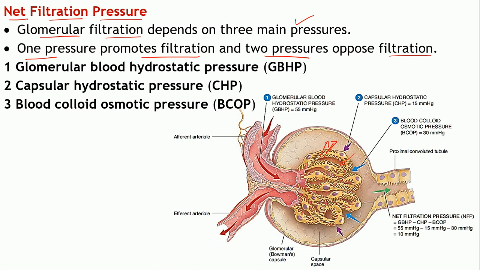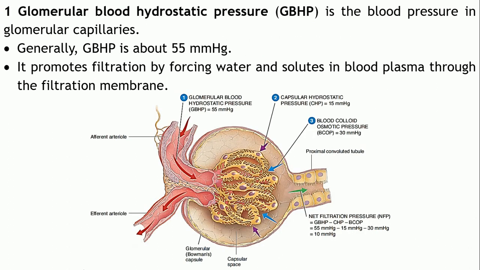So these are the glomerular blood hydrostatic pressure, GBHP is the accepted short form. Second one is the capsular hydrostatic pressure, CHP is the accepted short form. And third one is the blood colloid osmotic pressure or BCOP. So let us see which one is promoting the filtration and which are the two pressures which are actually opposing the filtration process. So coming to the first one, that is the glomerular blood hydrostatic pressure, GBHP.